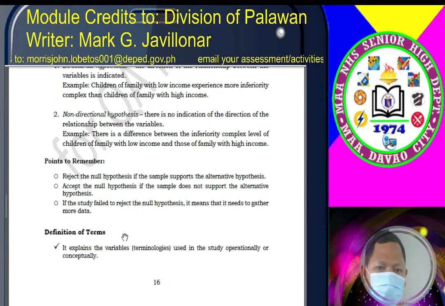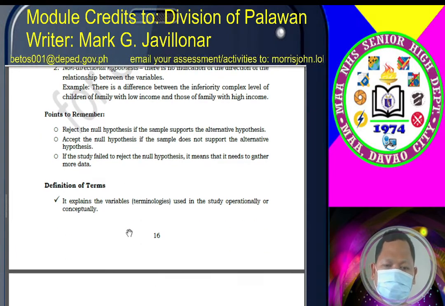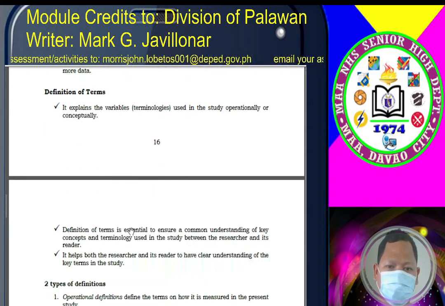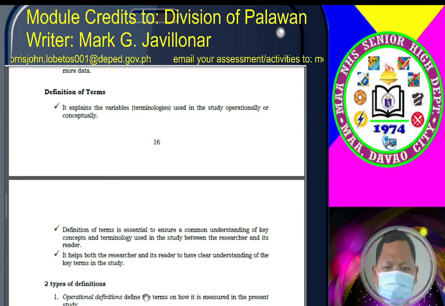Okay, so let's go now to definition of terms. What is definition of terms? It explains the variables used in a study, operationally or conceptually. So we have these two types of definition. Definition of terms is essential to ensure a common understanding of key concepts and terminology used in a study between the researcher and its reader.